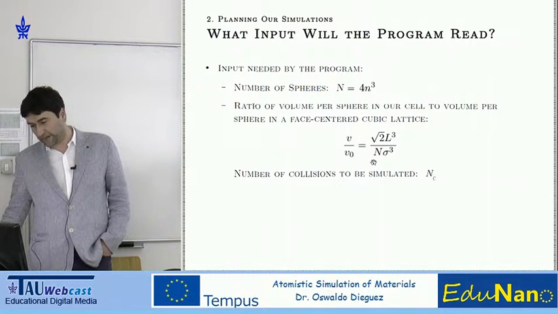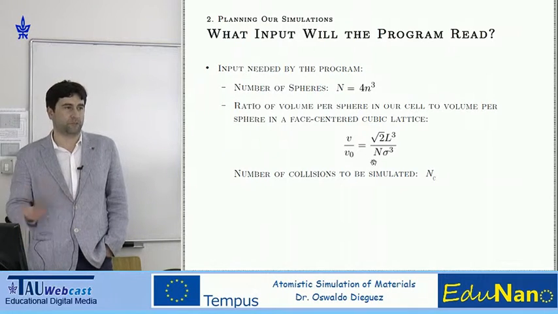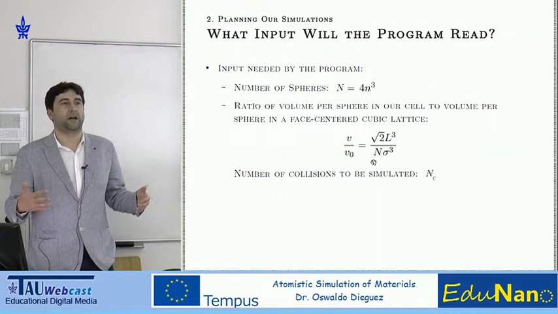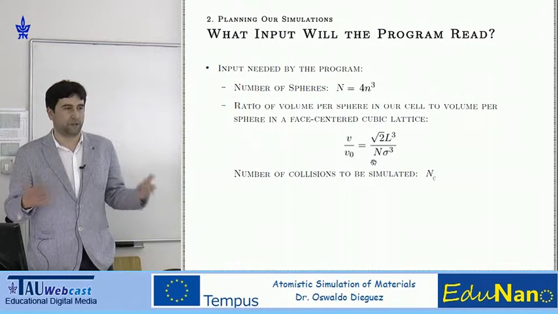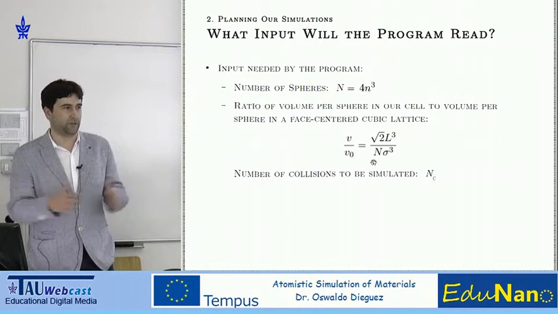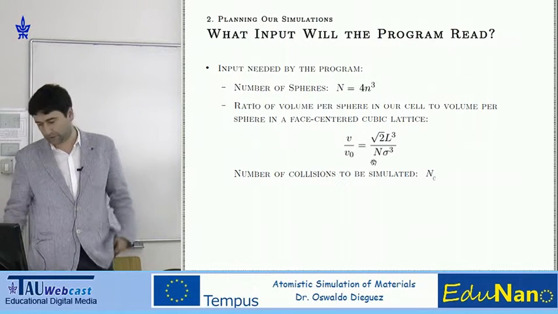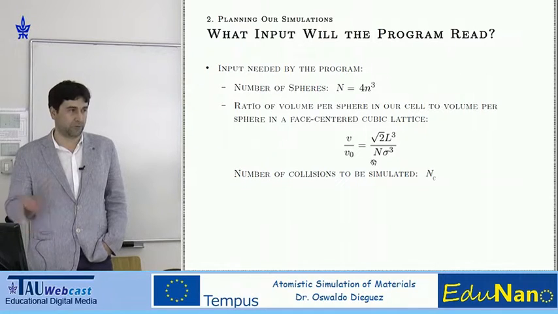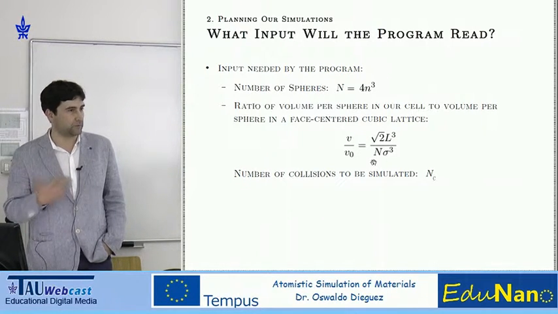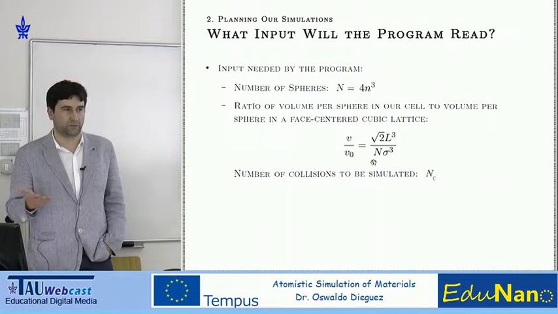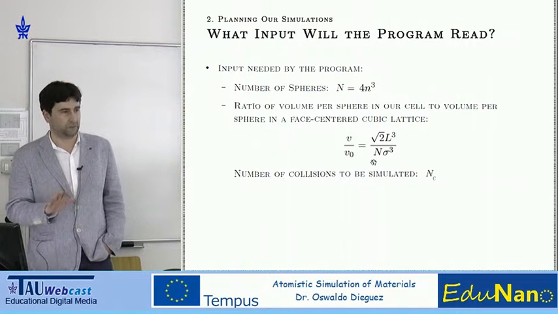You have to have enough to randomize your system. If you have too little, you don't really have a material that is melting. You have a solid that is vibrating only in one direction, if you only have 2 balls. The more similar it is to a real system, the more it costs computationally. So again, you do enough to get convergence. When you put more balls and nothing changes in your curves, you've reached the point you wanted.